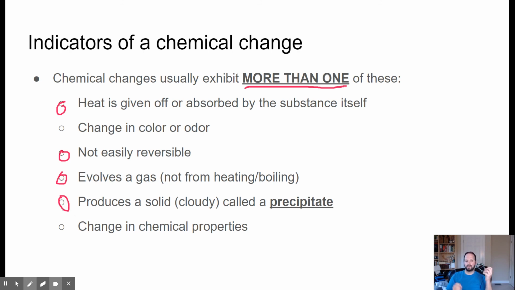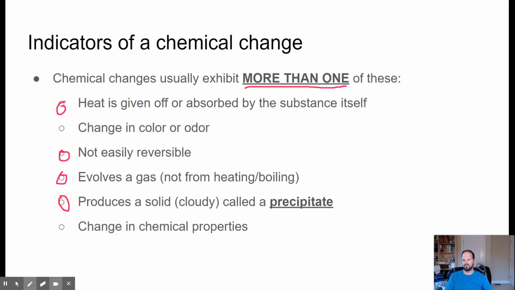If you heat up the liquid batter, it turns into a solid cake. Well, think about that. That doesn't seem to make sense, right? If you heat something up, it turns into a solid. That's not a phase change. That's not a physical change. It's a chemical change. Versus making a gas, if you cool something off and a gas is made, that's also probably a chemical change, not a physical change.